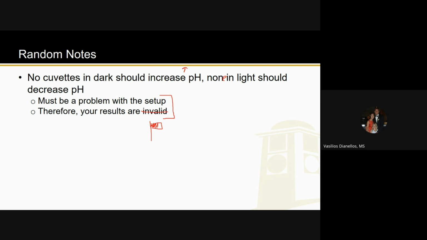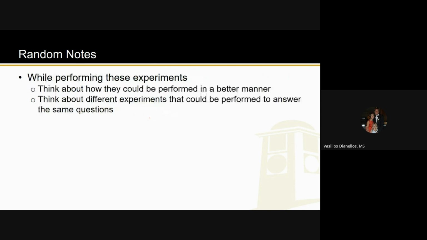So if there's a bunch of red flags, then it depends. Every situation is different, but that's definitely a red flag. So it might be that your results are invalid. It might be that it's just a red flag, but think about it and talk to us about it, right? It's not up to you as a freshman or someone taking a 100 level biology course to be able to decipher the results by yourself. We're willing to help. So let us know, but that's just another random note to keep in mind.